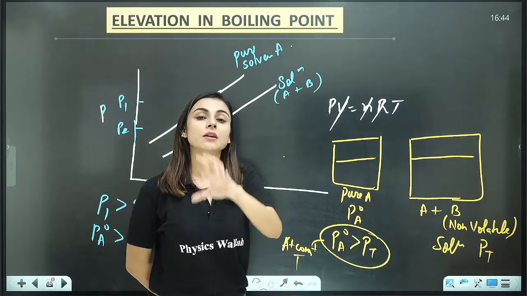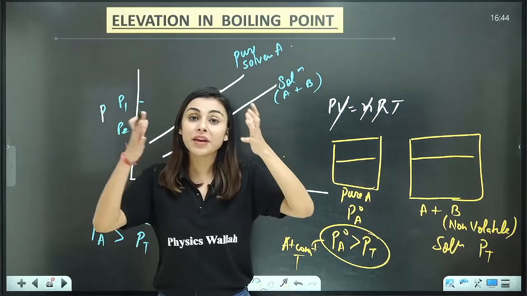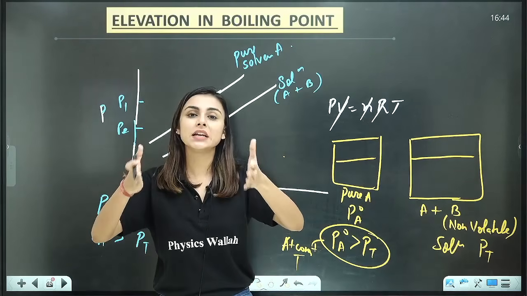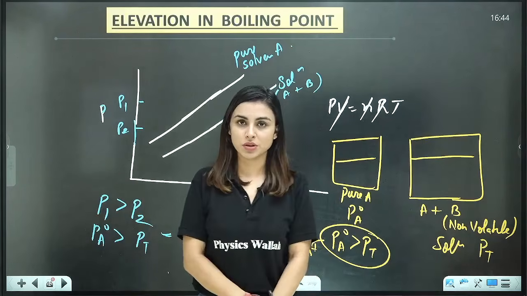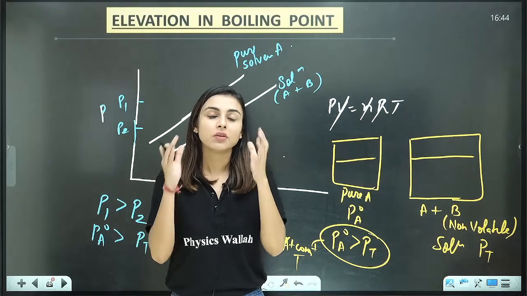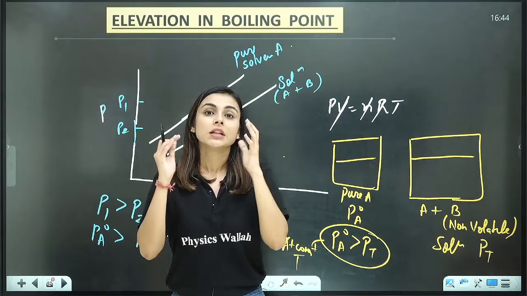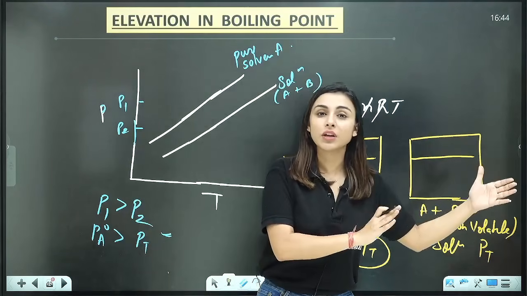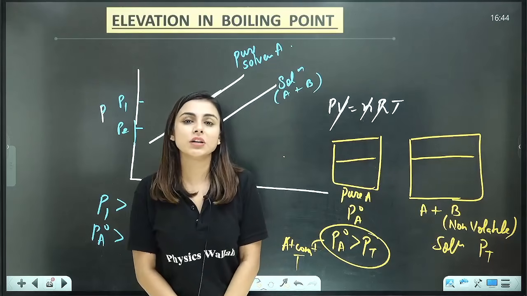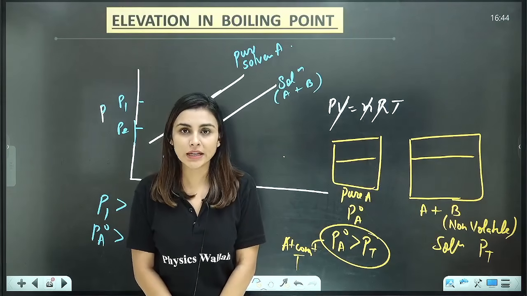Boiling point is the temperature where the vapor pressure inside the container is equal to the atmospheric pressure. Whenever in a container the vapor pressure becomes equal to the atmospheric pressure, that particular temperature is called the boiling point.